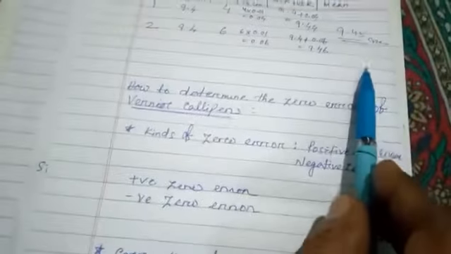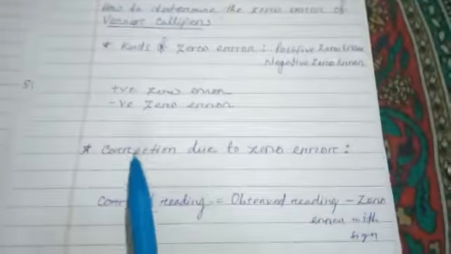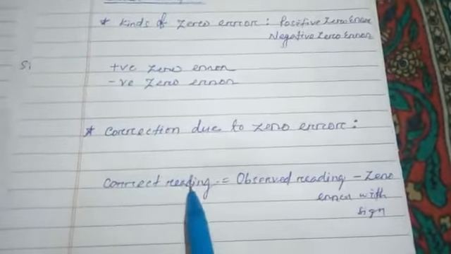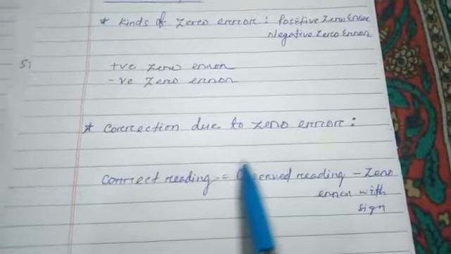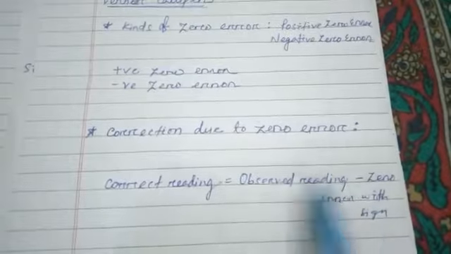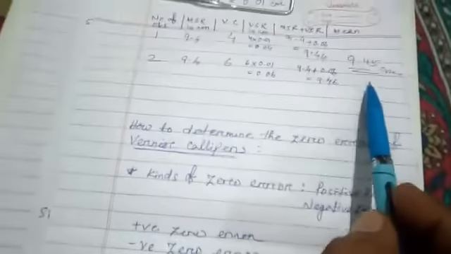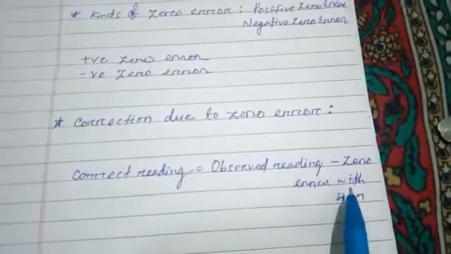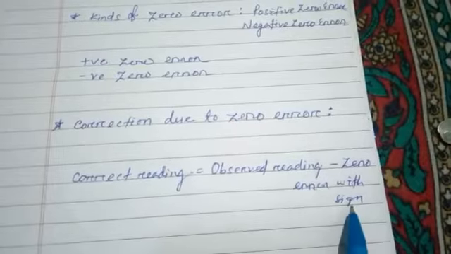If some error is there in this value, then I must make the correction also. So to correct the reading, what should I do? Correct reading equals observed reading minus zero error with the sign. That means whatever observed reading you got, from that the zero error must be subtracted with the sign.